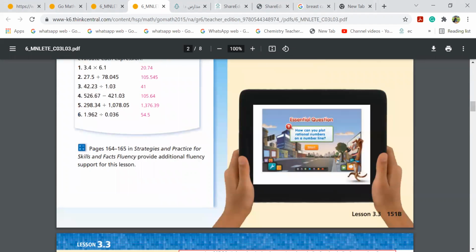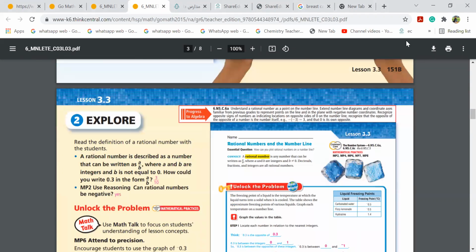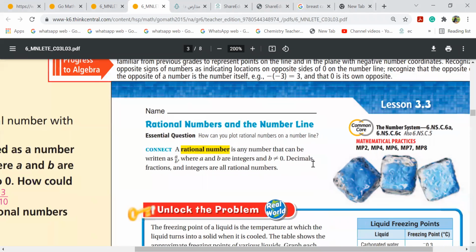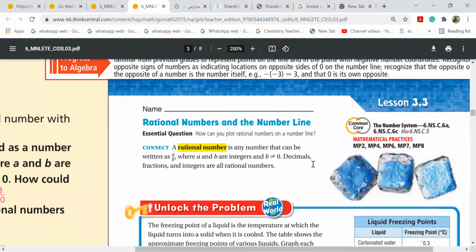What is a rational number? A rational number is any number that can be written as A over B. For example, 3/2, 20/40, 70/90. If you see a fraction A/B, where A and B are numbers, it is called a rational number. But what is the condition? The denominator can never be 0.